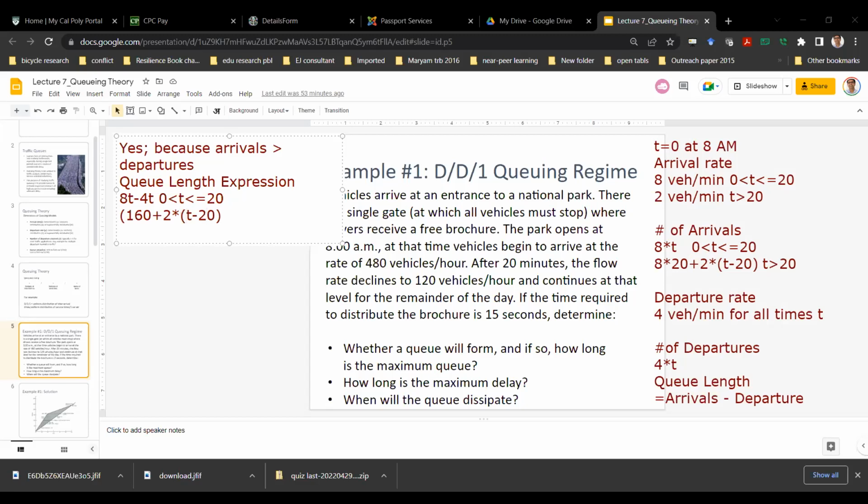Let's check the math here. Okay, does this make sense for t greater than 20? So what I did was I wrote down these expressions.